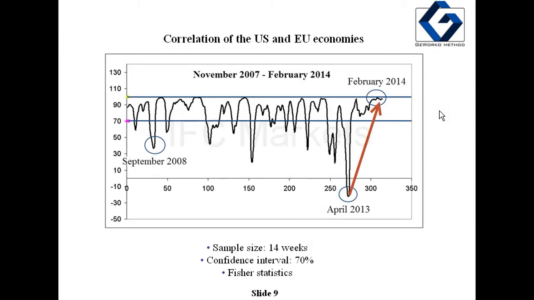In September 2008, the US economy, as we see, became more independent here. It happened due to the fact that the crisis had been rising within it. But then a crisis propagation started and the correlation began to recover.